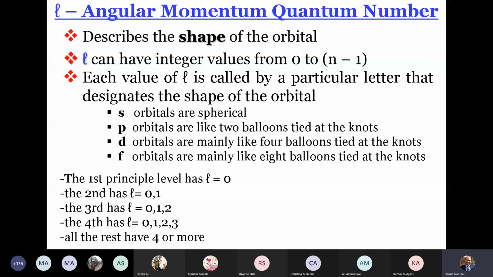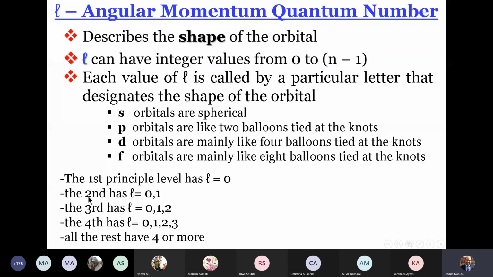Describing the motion of the electron on energy level n: if L equals 0, the set of points is a sphere, so the shape is called shape S. If L equals 1, the motion of the electron is like two balloons and the shape is called P. If L equals 2, the motion is called D. And if L equals 3, the motion follows the shape F. So at level 1, we have one type of motion, L equals 0.